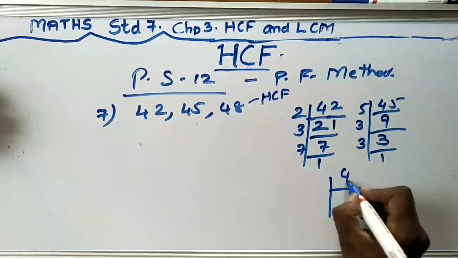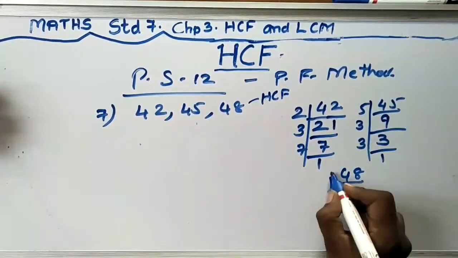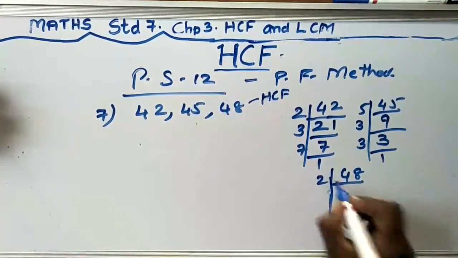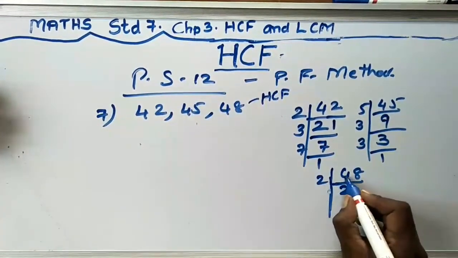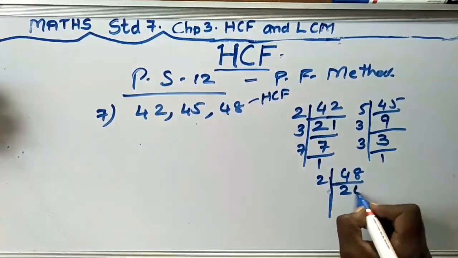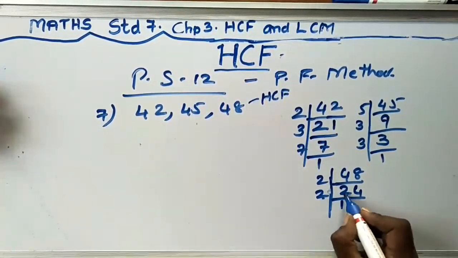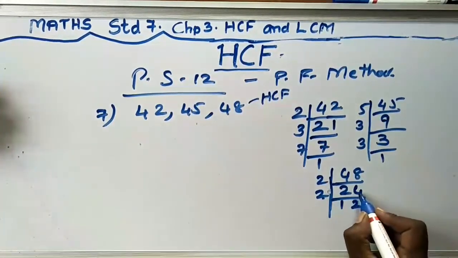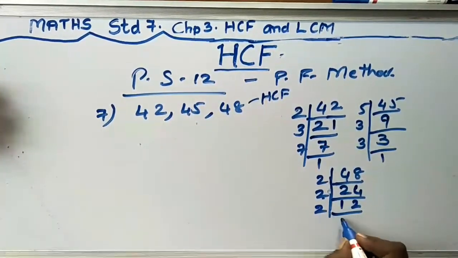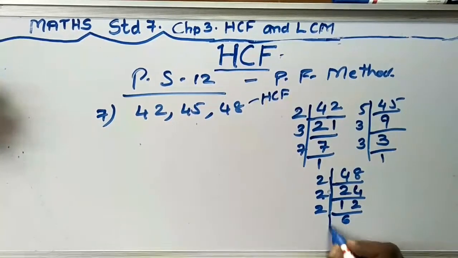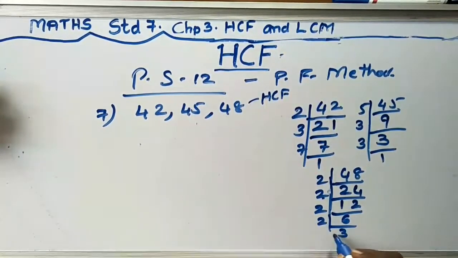Then I will take 48, again 2 table, 2 2s are 4, 8 goes in 2 table 4 times, then again 2, 2 2s are 4, then 2, 6 table, 2, 3 table, 3, 1 table.